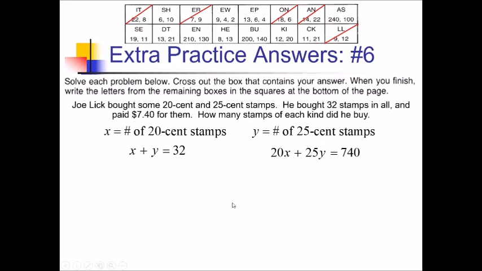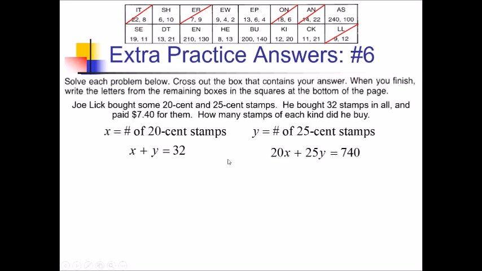So, am I using substitution or elimination for this? Well, I like to use elimination when I already have both things in standard form. So, if I could make this a negative 20x or a negative 25y, either of those is going to allow me to cancel out something in the other equation.